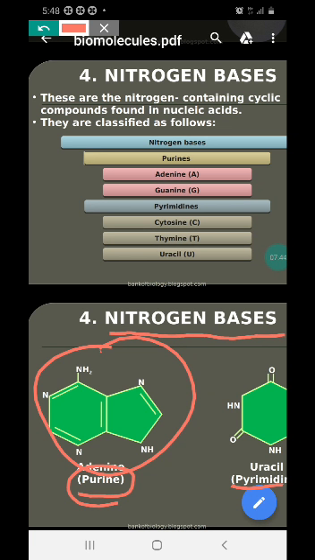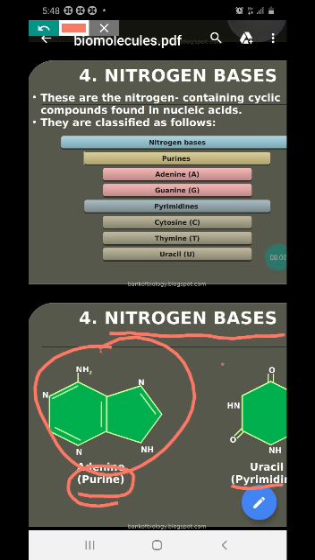Examples of purines are adenine and guanine, right? And examples of pyrimidines are uracil, thymine, and also one more, right? So altogether 5 types of nitrogenous bases are there, belonging to purines and pyrimidines.